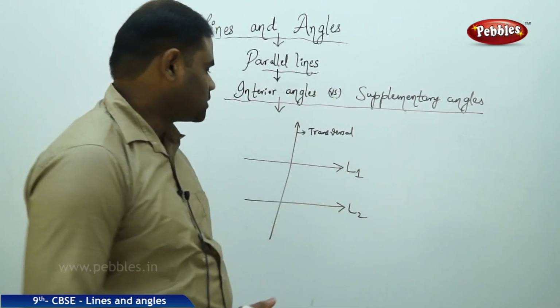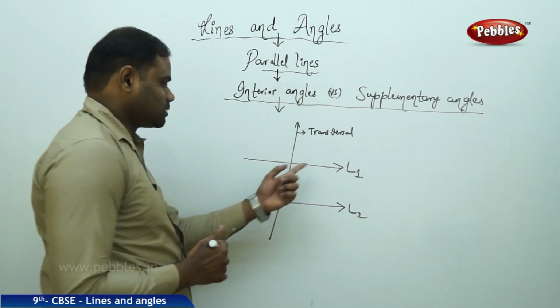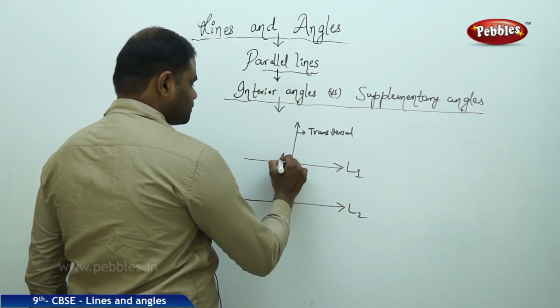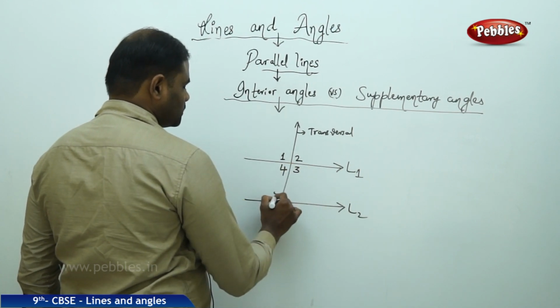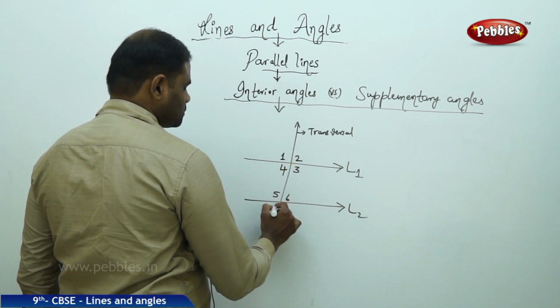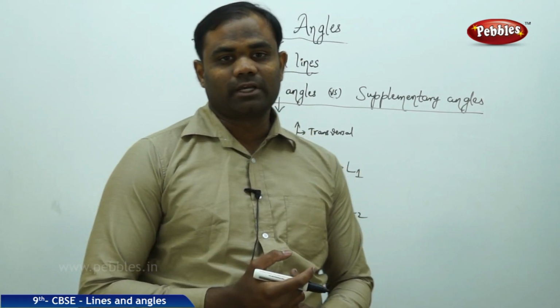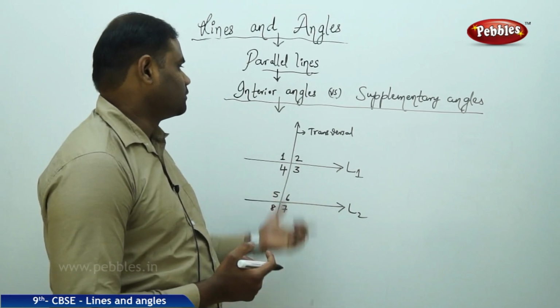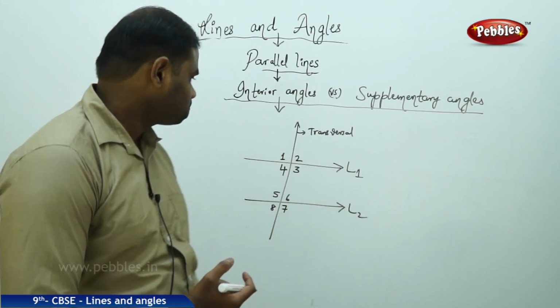Now with this transversal, we know that there are 8 angles formed, with 4 angles formed with L1 and 4 angles formed with L2.